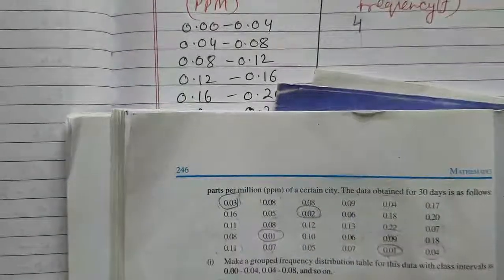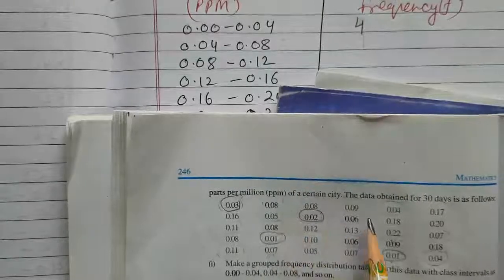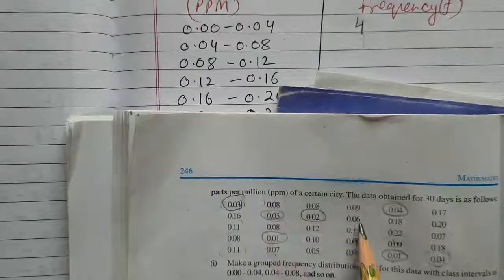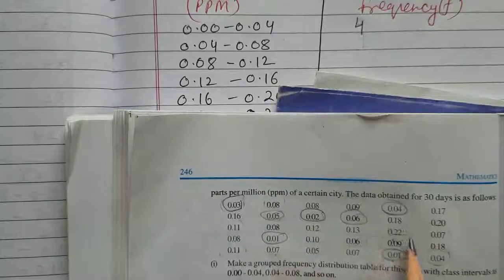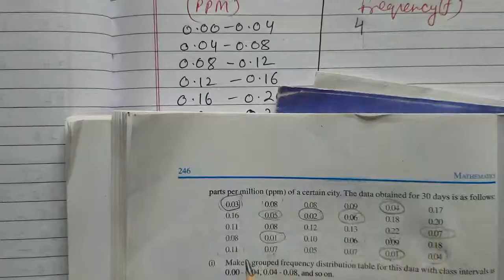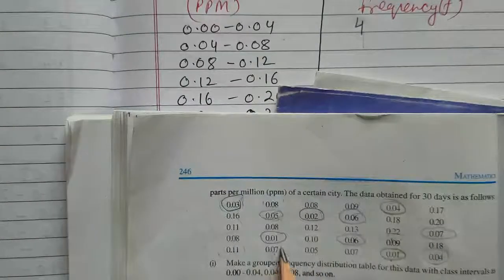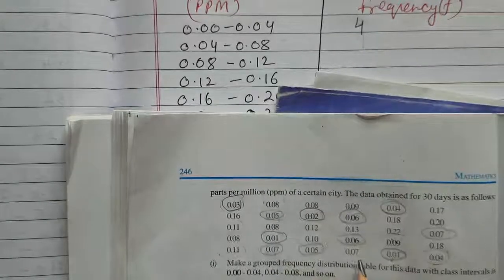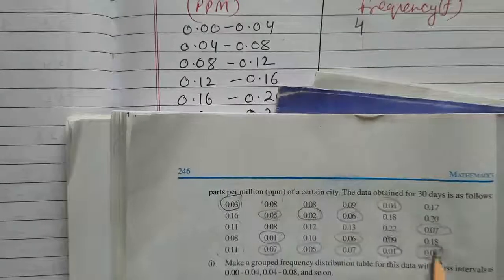Next class, 0.04 to 0.08: 1, 2, 3, 4, 5, 6, 7, 8 and 9.